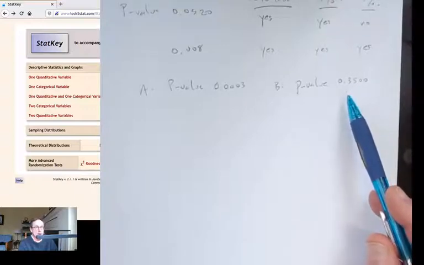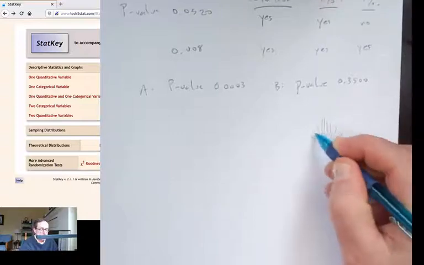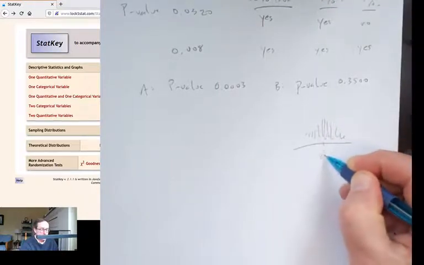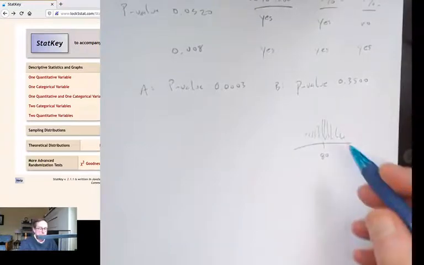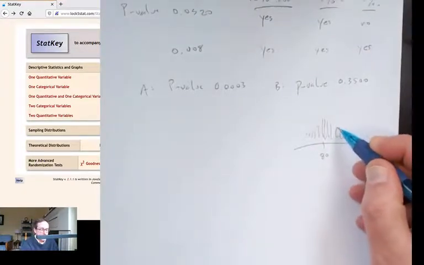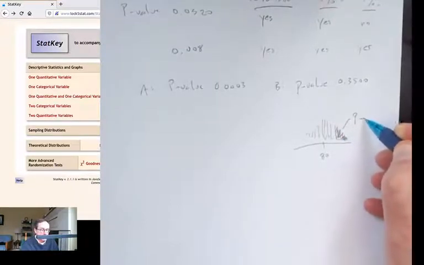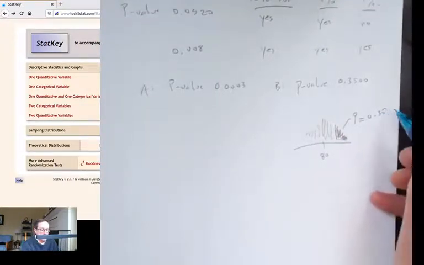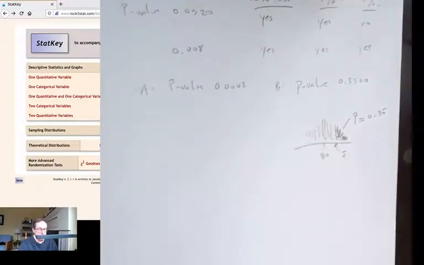So the null hypothesis people draw their sampling distribution, and they get it centered around 80. And our particular sample came out as being something that had about a 35% chance of happening.